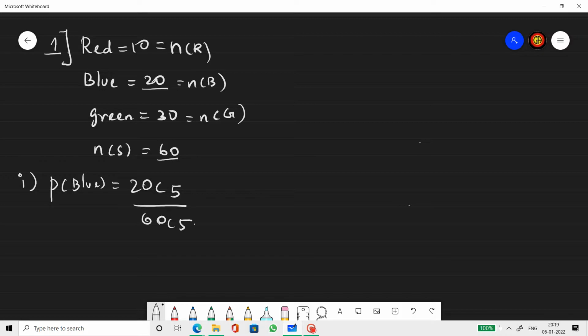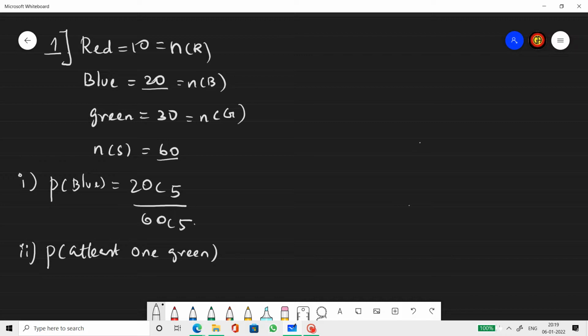Second case of the question is probability of selecting at least one green marble. At least one green marble out of the 5. So out of 5, one is green, or one or more is green.